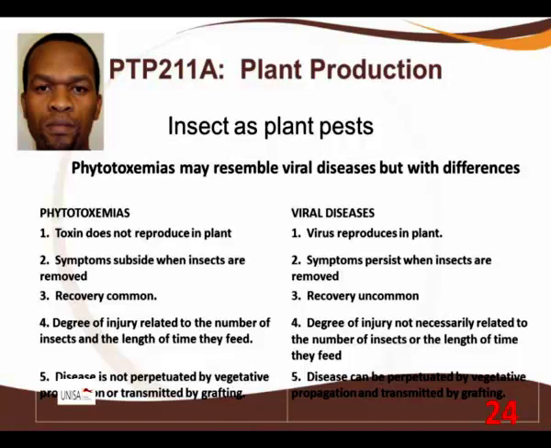In phytotoxemia, the degree of injury is related to the number of insects and the length of time they feed, while for viral diseases it is not necessarily related. Phytotoxemia is not perpetuated by vegetative propagation or transmitted by grafting, but in viral diseases, disease can be perpetuated by vegetative propagation and transmitted by grafting.